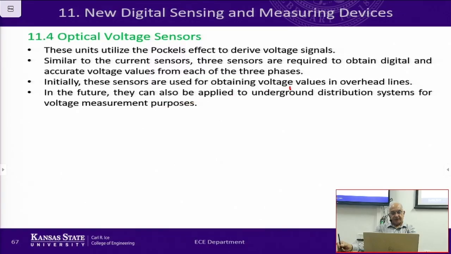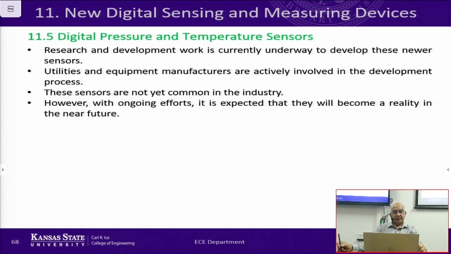In the same light, we have digital pressure and temperature sensors that can be used in a distribution system for protection, because in some cases you are trying to measure the pressure inside the transformer tank and you want to measure the temperature. Those are some of the things that are important to assess the state of the transformer, the health of the transformer. Okay?